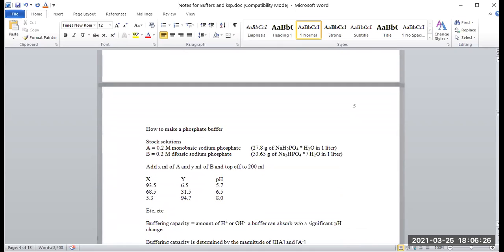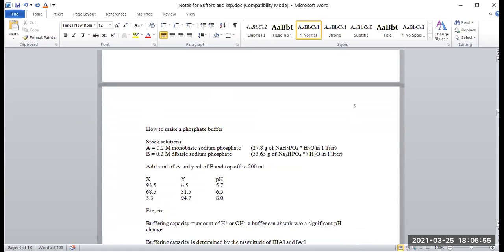And then I wanted to introduce a little bit of reality in some ways. If you ever do lab work in a medical lab or a lab that uses proteins, they usually use the phosphate buffer system.